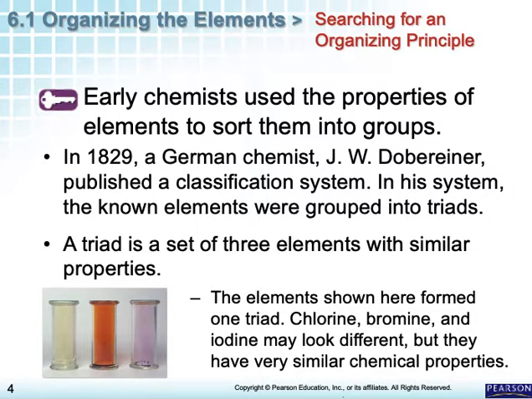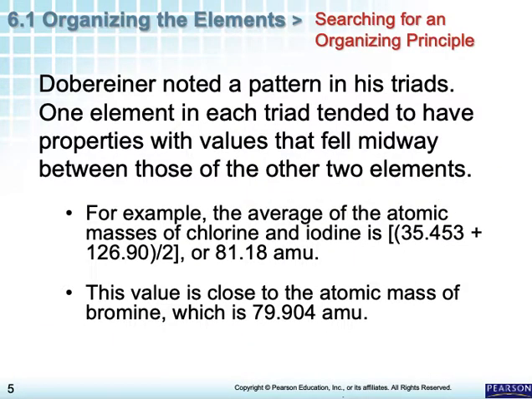However, they had similar properties. He noted a pattern in his triad that one element always fell kind of midway between the first and the last in terms of something like average atomic mass. And so he felt that verified his organization of the elements.